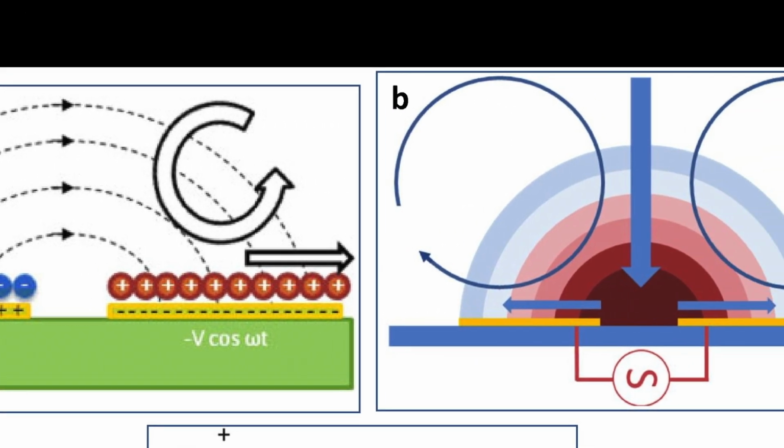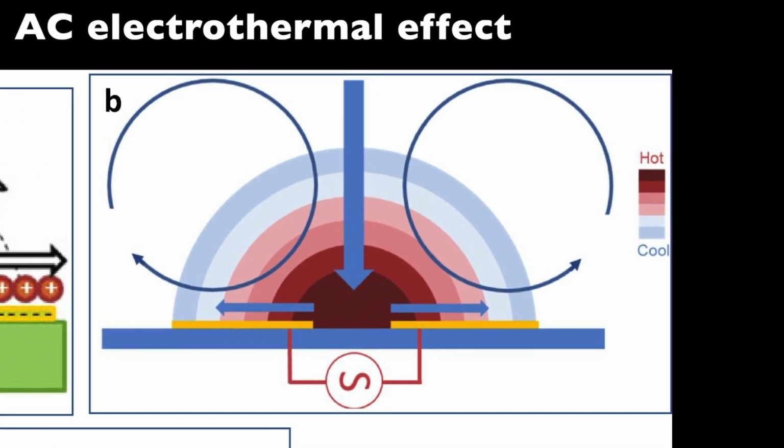in literature. In Figure B, it shows the temperature gradient resulting from Joule heating causes the formation of two vortices in the bulk of the liquid on top of the electrodes.